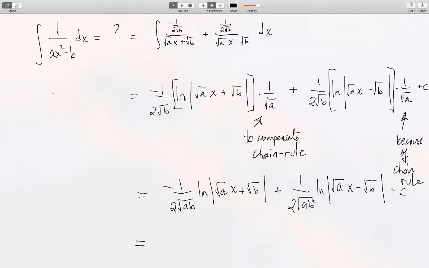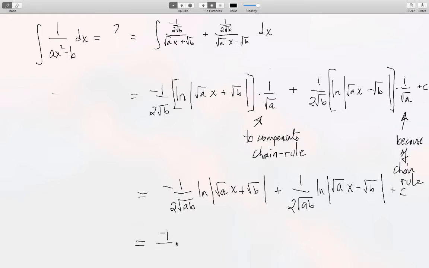Okay, now these are both ln's, and so I can combine those ln's. This one is the one with the negative, so what I'll look for is to put this guy on the bottom. And of course there's a 1 over square root AB. I can factor that out. I think it doesn't really matter which one goes on the bottom. You know what? I think what might be kind of nice is if I factor out a negative.